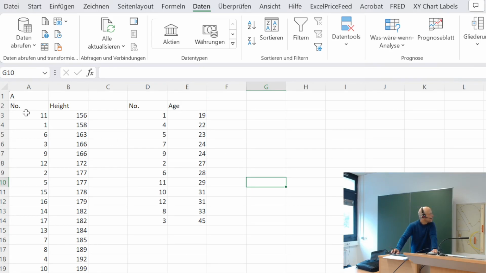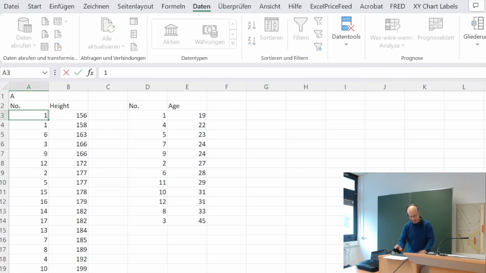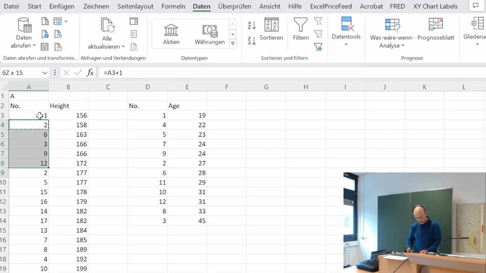Well, and then here we have 17. Where do we have to look for the median? Or we can also write here 17 plus 1. And here we had 12.